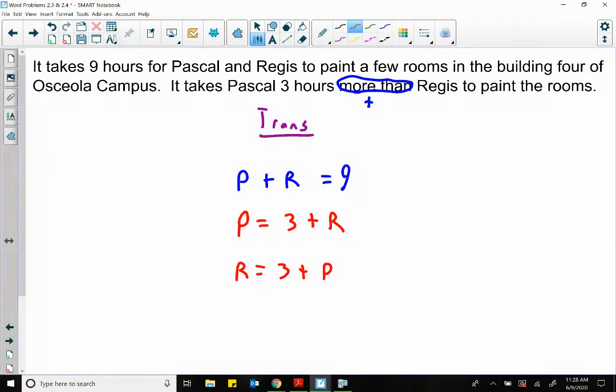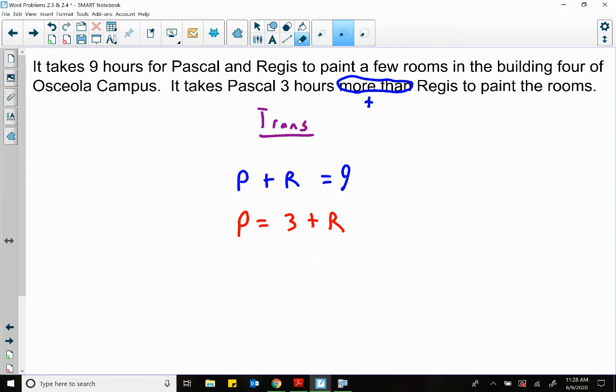And from what we just talked about a moment ago, you guys told me that Pascal is the one that takes the longest. That's why this equation does not make any sense. Because in here, you're contradicting Pascal taking the longest. You're saying Regis is the longest. That's why the second equation looks like this. P equals 3 plus R. Okay?